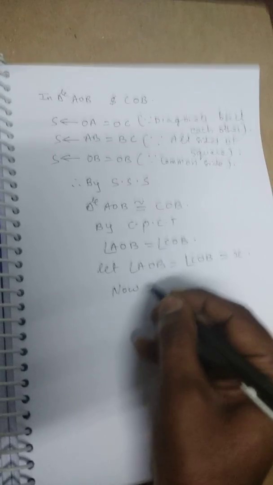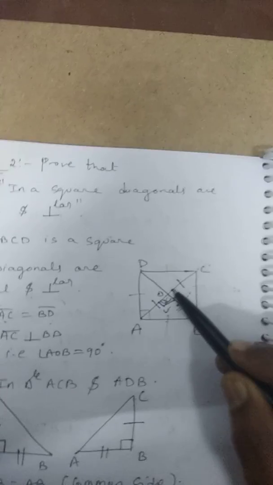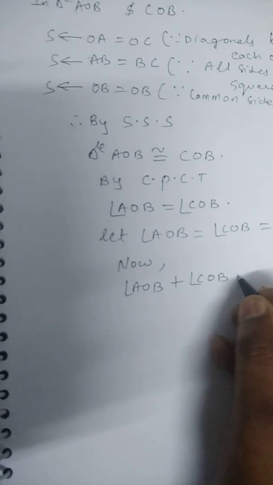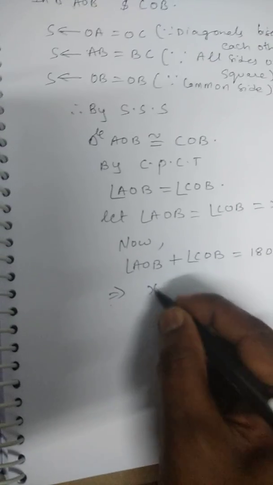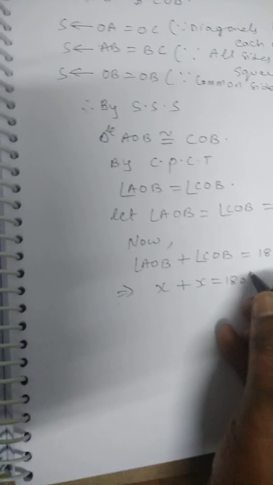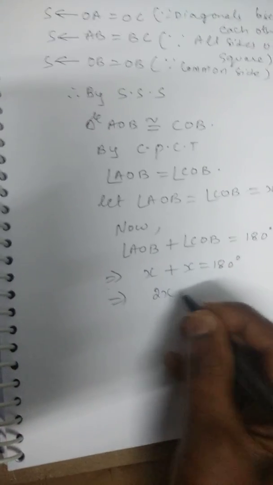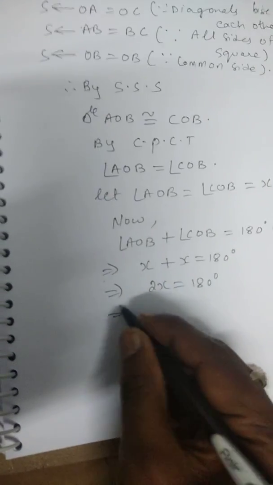Now these two angles, AOB and COB, make a straight line. So angle AOB plus angle COB is equal to 180 degrees, since they are a linear pair. That implies x plus x is 180 degrees, so 2x is 180 degrees, so x is 90 degrees.